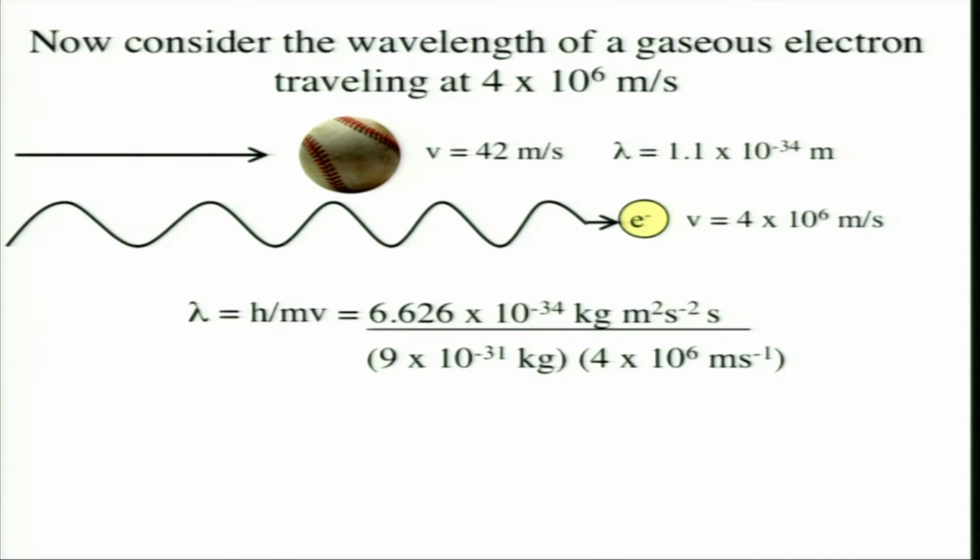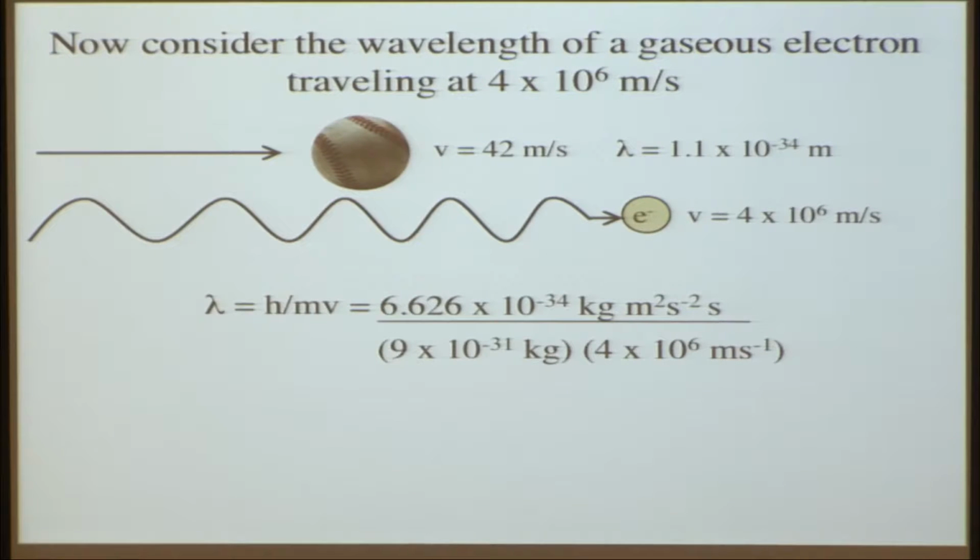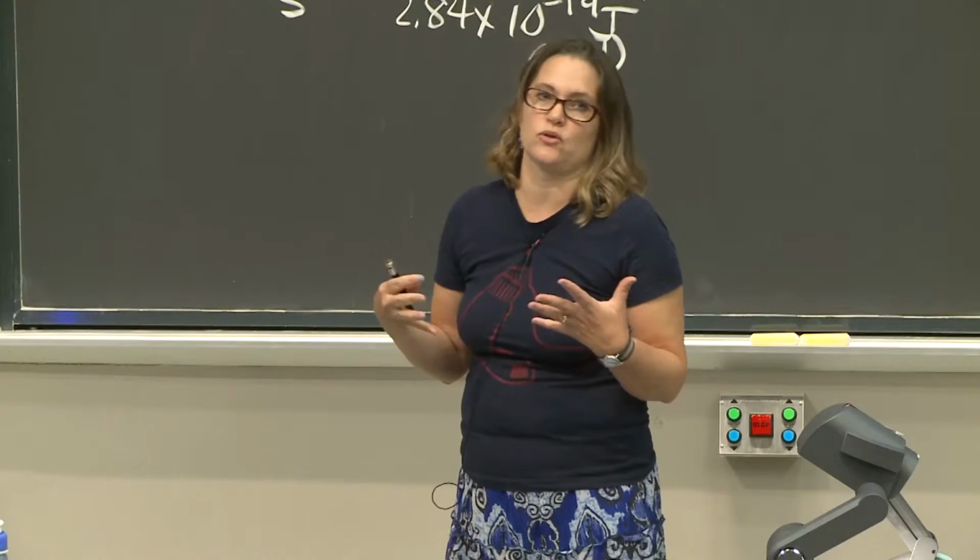So now if we think about an electron traveling at 4 times 10 to the 6 meters per second, associated with an eV of about 54, and we use Planck's constant divided by the mass of the electron, known from another great experiment, and its velocity, we can calculate the wavelength, and it's 2 times 10 to the minus 10, or about 2 angstroms.